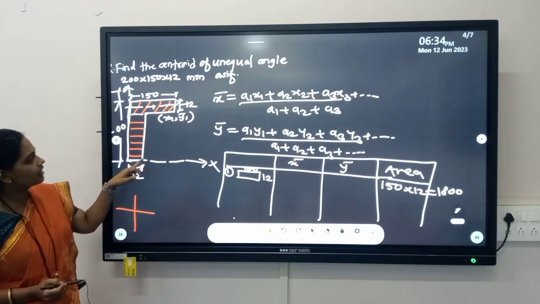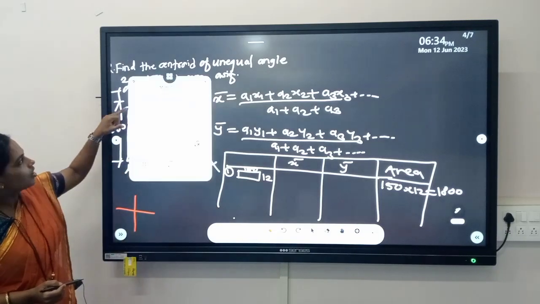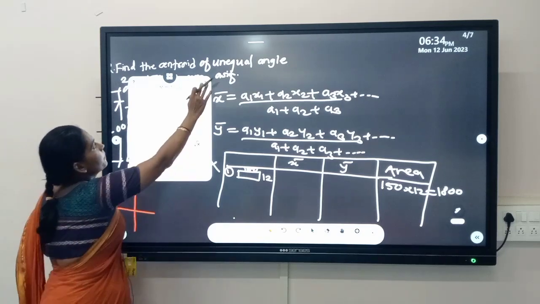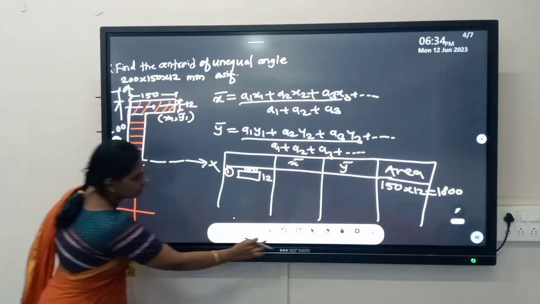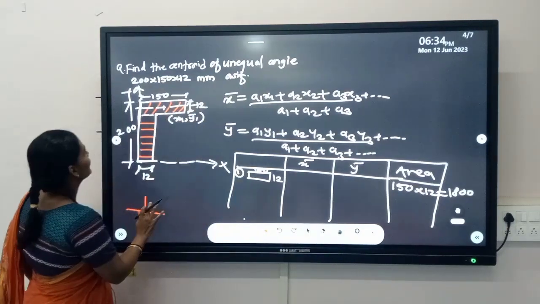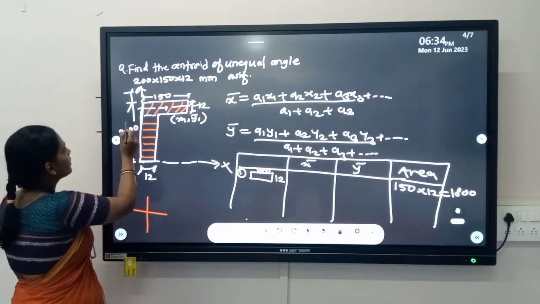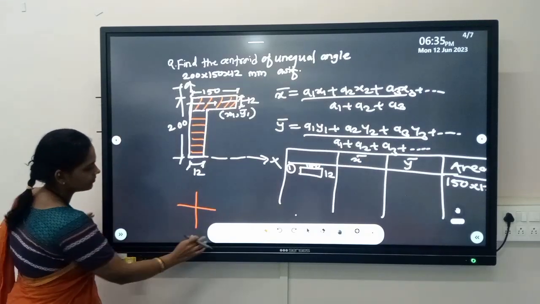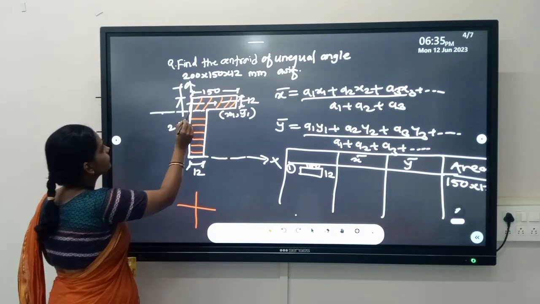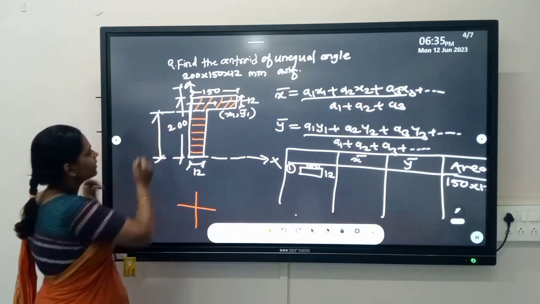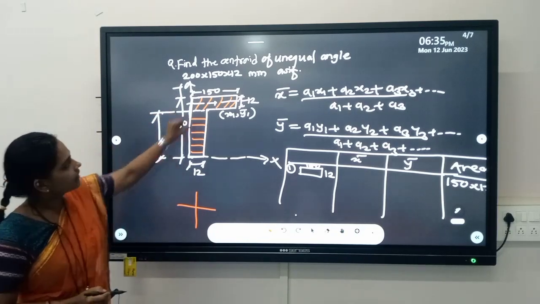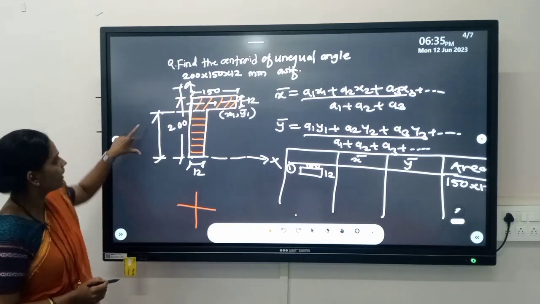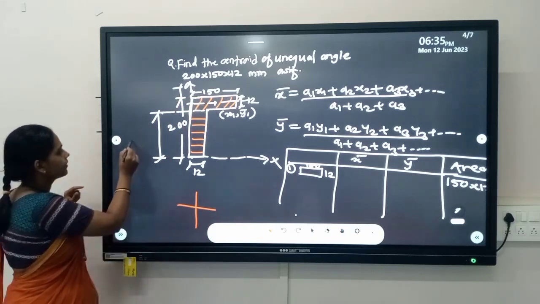From the x axis it is located at 188 plus half the thickness. The total height is 200 mm and the thickness of this rectangle is 12. That's why this height becomes 188.